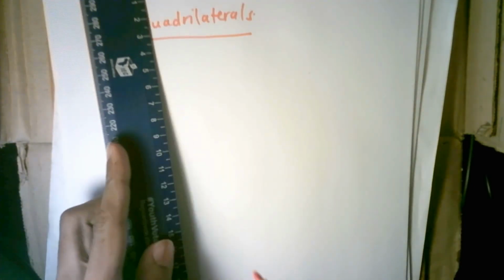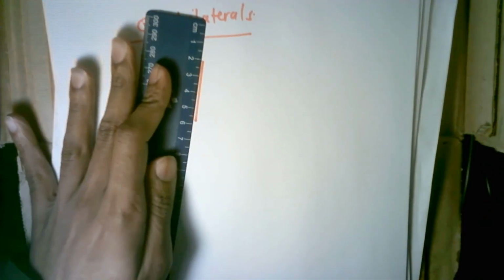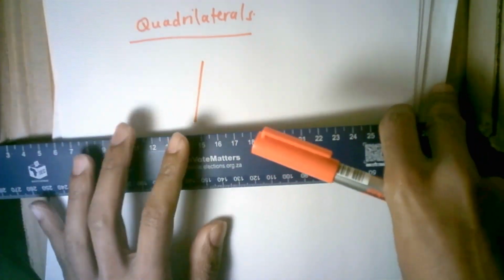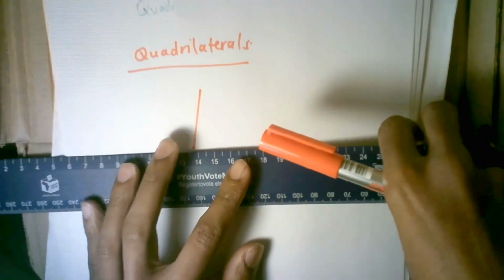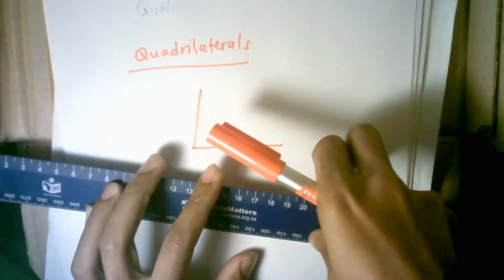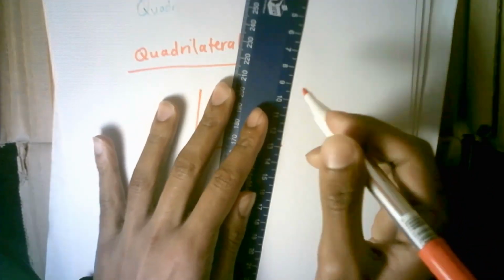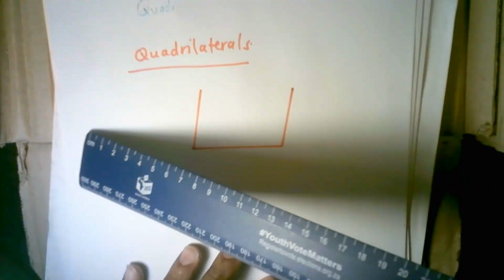I have my ruler here, and I'm just going to draw any closed four-sided shape for you, and that is by definition a quadrilateral. A quadrilateral looks something like this.